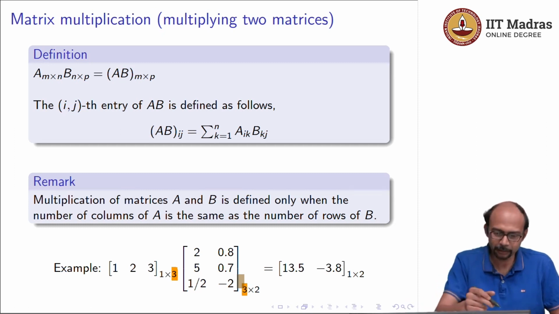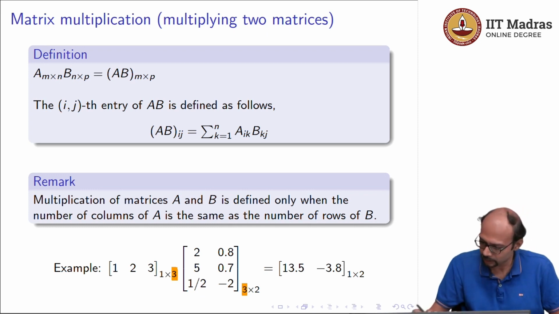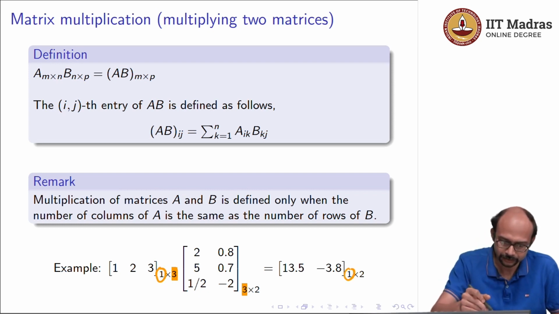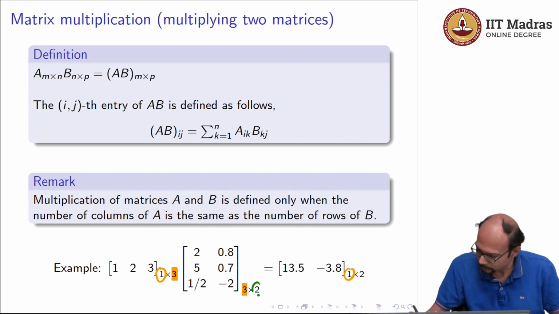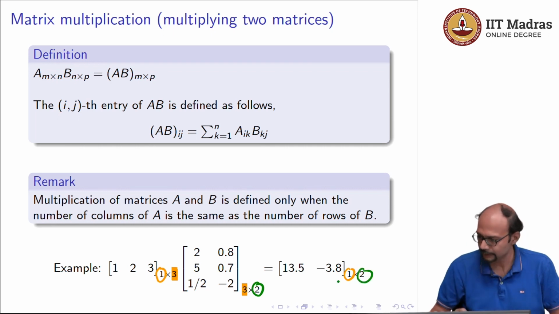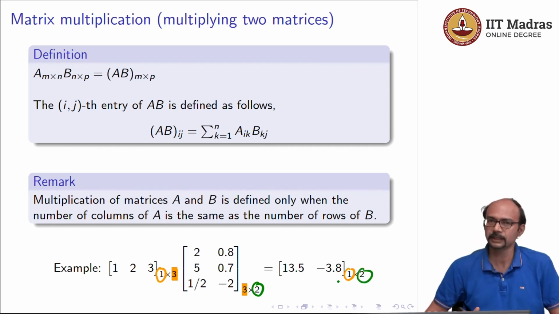And then in the resulting matrix, what was the size? This 1 is what came here, and this 2 is what came here. So the resulting matrix has size 1 by 2, so one row and two columns.